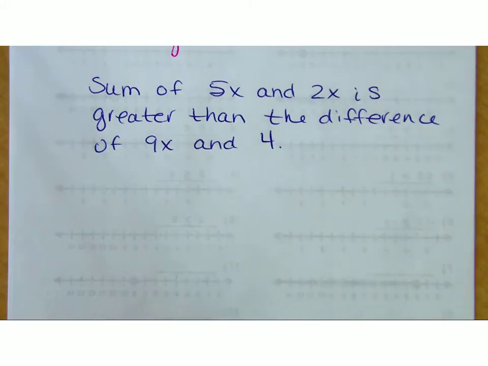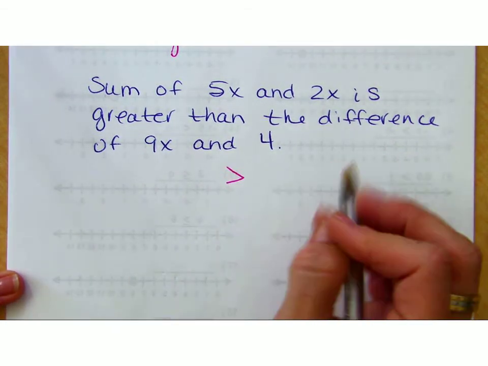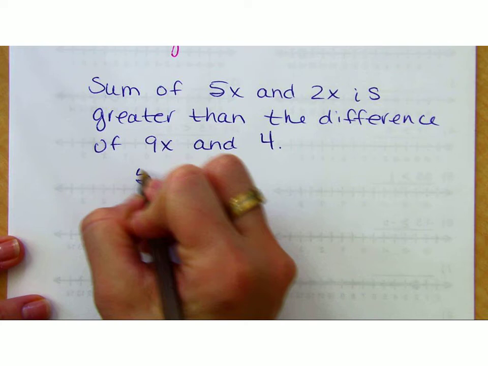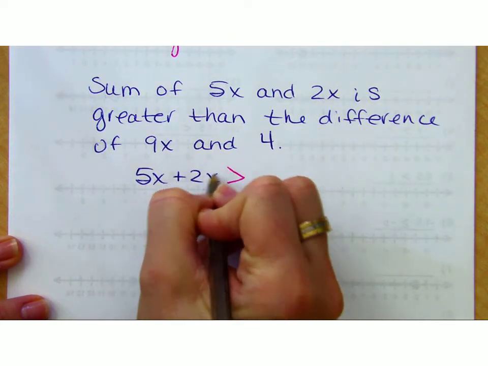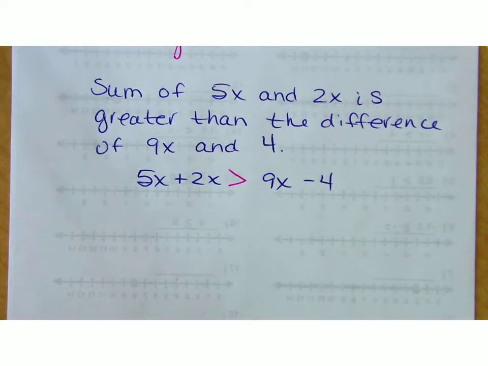The sum of 5x and 2x, all of that, is greater than the difference of 9x and 4. So basically, are you picturing this right now? You have a sum on the left-hand side. You have a difference on the right-hand side. And what's over here is greater than what's over here. So you guys are already writing it, I can tell. So this sum is greater than this difference. And then you would solve however you want.